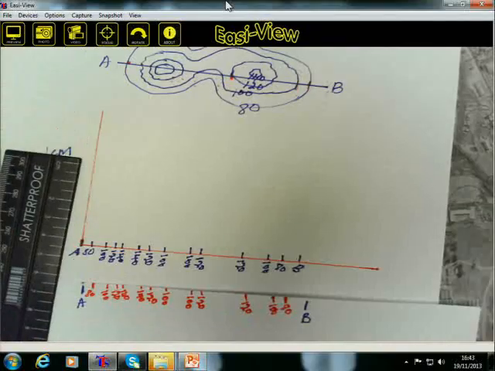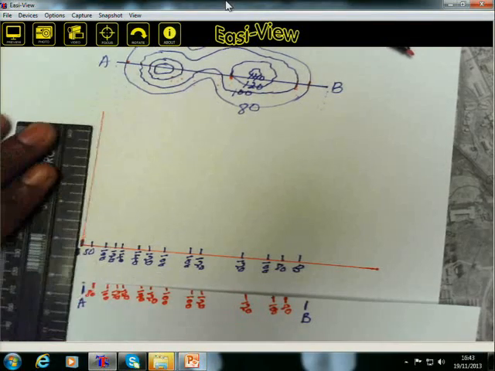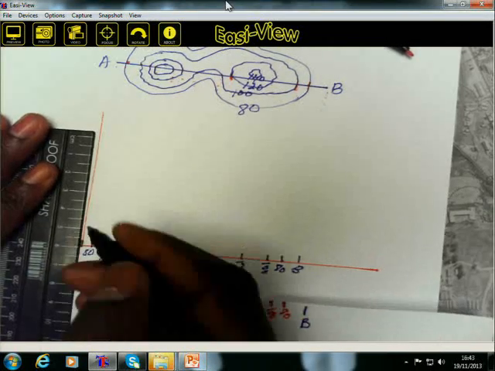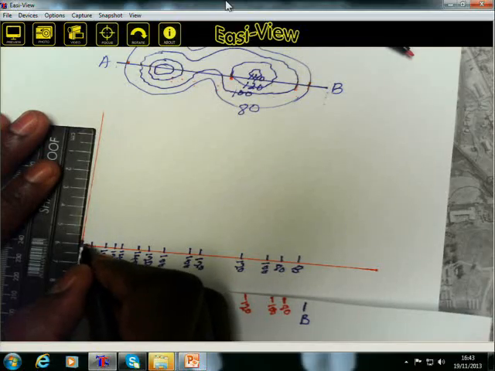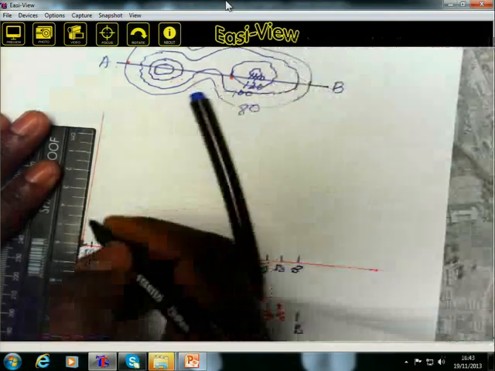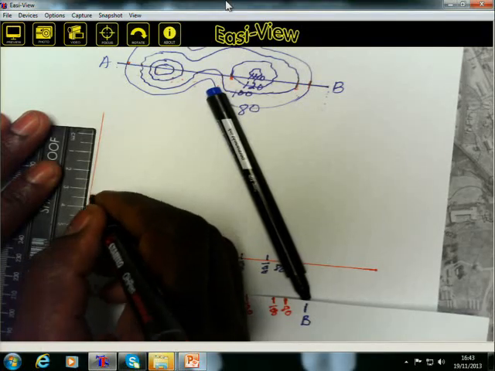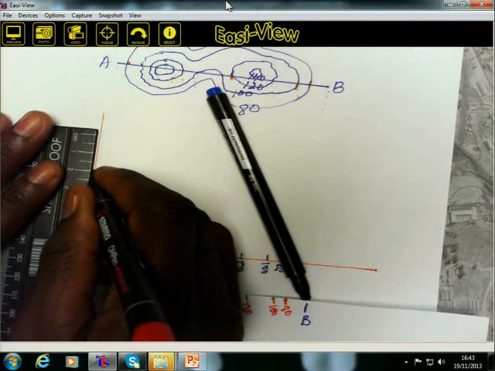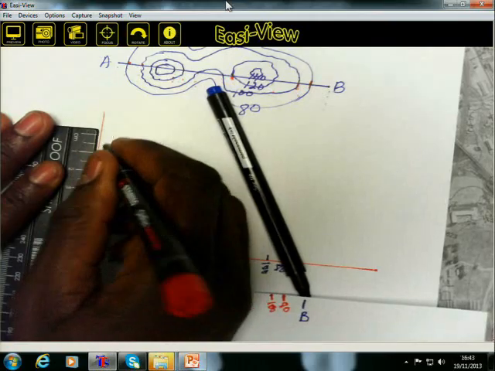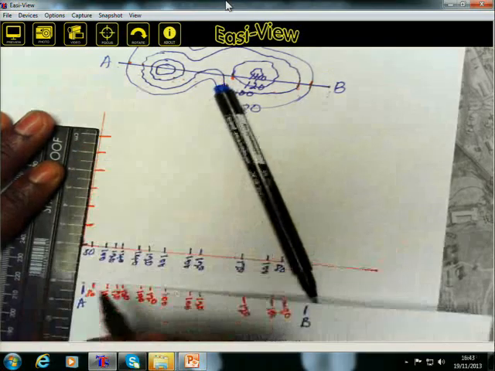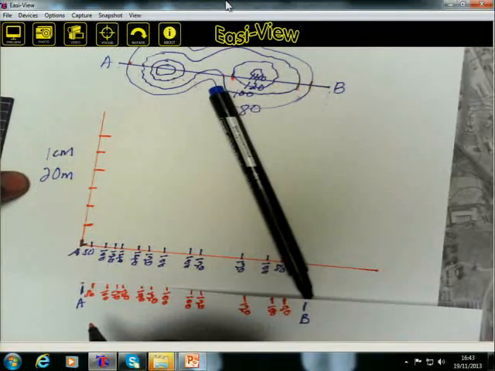I want to start correctly from 0. Let's check here. From here up to here, it's a centimeter. Second one, third one, fourth one, fifth one, and the last one. 1 centimeter will represent 20 meters.